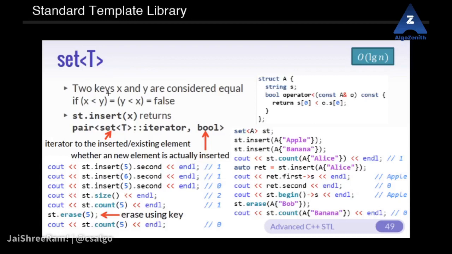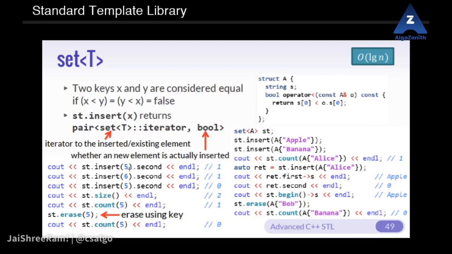There is a version of sets called multiset, which allows you to keep duplicates of the same value. But coming back to this, we have the iterator to the inserted or the existing element, and there is a boolean returned as well, which says whether a new element is actually inserted inside the set or not.